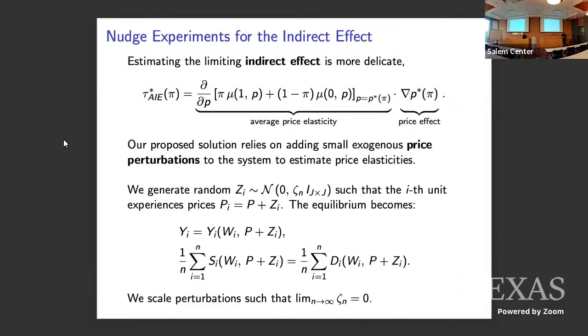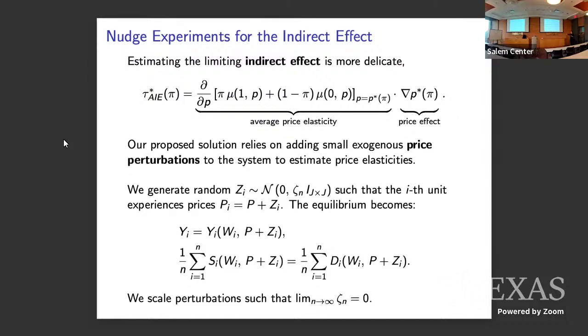What we're going to do is add a little bit of extra noise. So now instead of running a randomized trial where some people get the subsidy and some people don't, we also add small exogenous perturbations to prices, and we make it so that the ith person isn't exposed directly to market prices P. They're exposed to market prices P plus the small perturbation Zi.